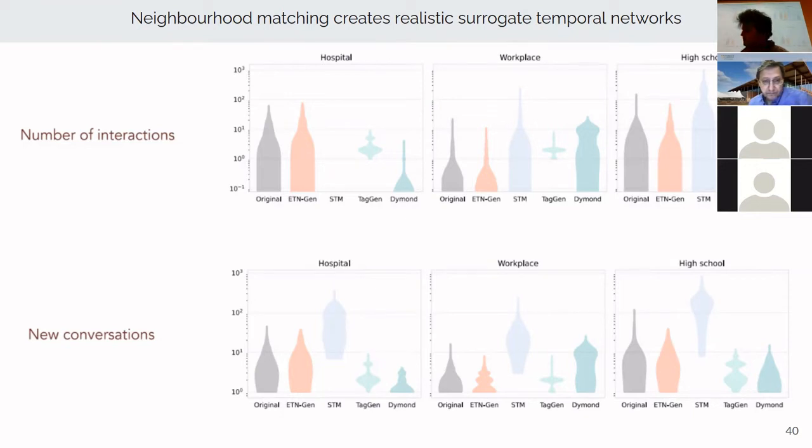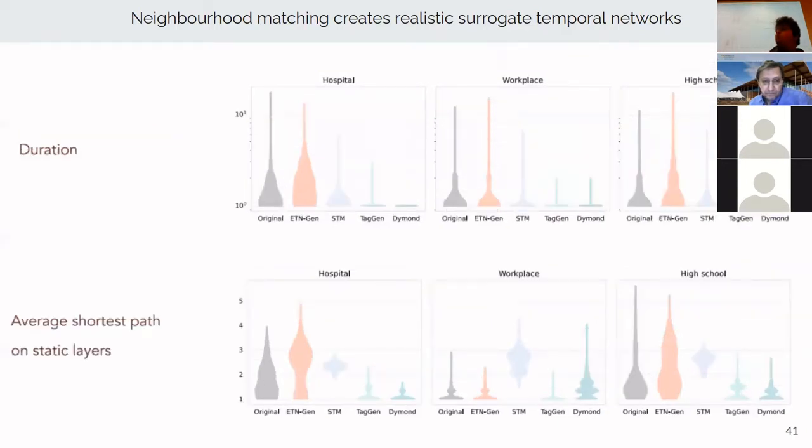We have the new conversations: suppose that we are talking with each other, and then a new person joins us. So it's a new conversation. And also we have the duration of contacts, so how long my conversation lasts, and the average shortest path.